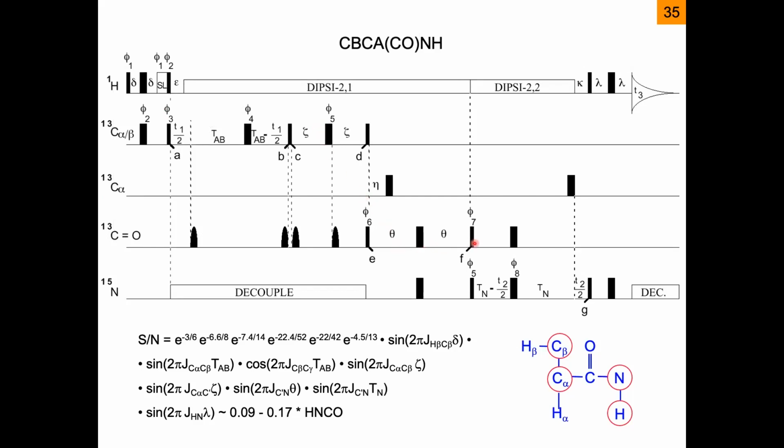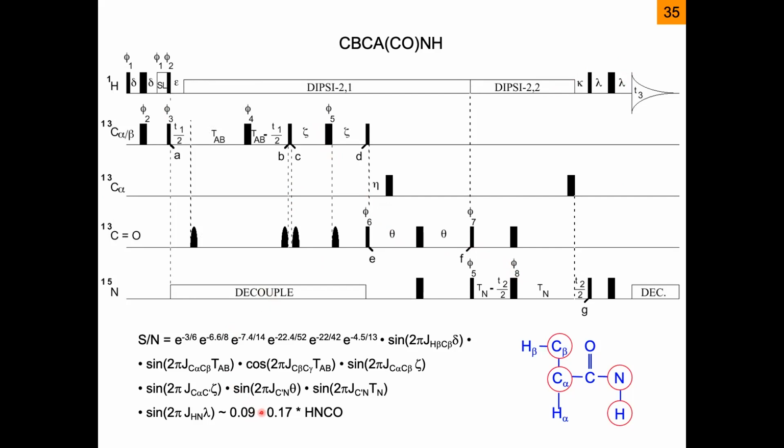So then here you're sitting on the nitrogen, and then you refocus the CO of the preceding one, and you defocus to the amide proton, and you detect it. And because the coupling constants are still pretty decent and the relaxation not so strong, this worked reasonably well. Let's say 10 to 20% of the efficiency of the HNCO.